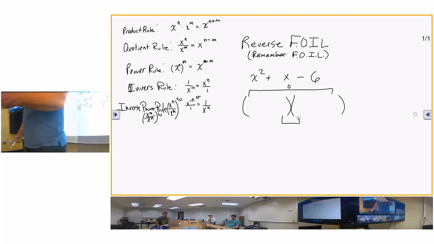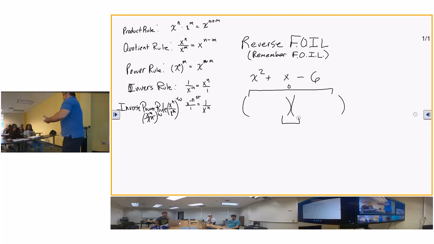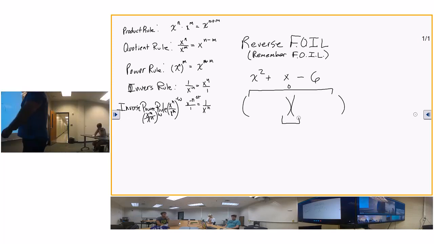Y'all cannot mess up the multiples of x squared. You can't mess up the multiples of 6. Because everybody in here knows that 1 times 6 is 6, and 2 times 3 is what? 6. So you can't mess those up unless you're non-sentient. Okay? But put the x here and put the x here.